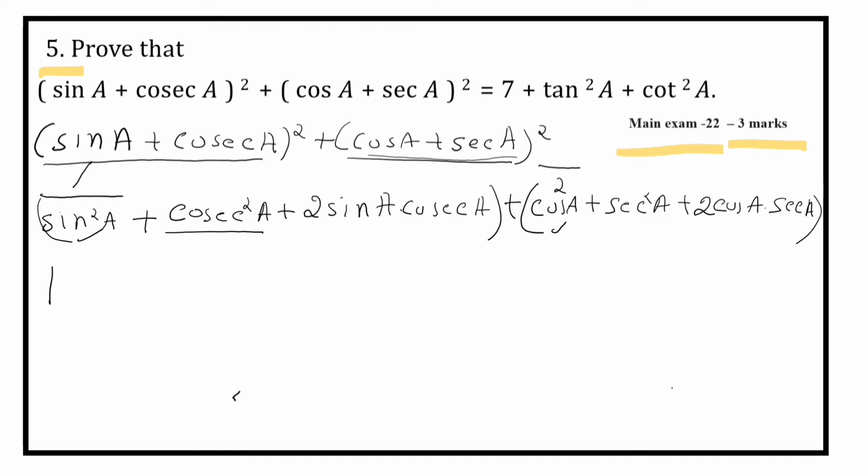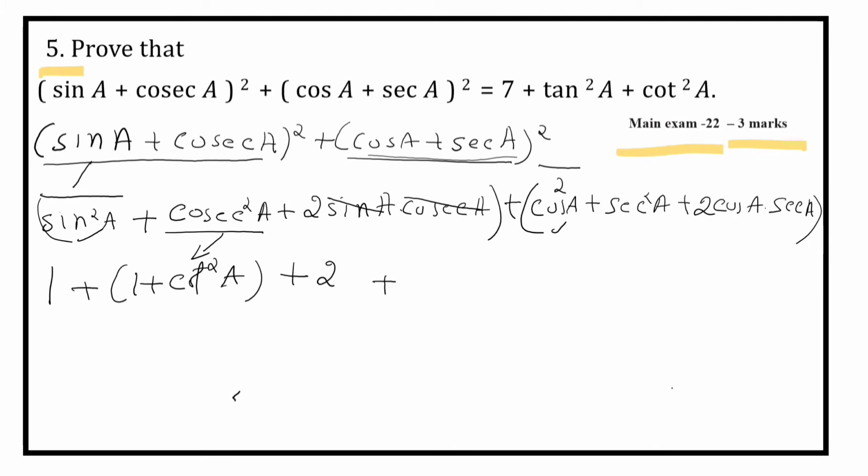Cosecant square A is equal to 1 plus cot square A. 2 sin A into cosecant A. Here you can observe that sin A and cosecant A are reciprocal ratios, so we can cut it. Sin A into cosecant A is equal to 1. So 2 into 1 is equal to 2.